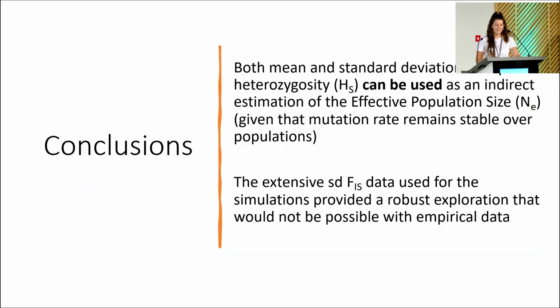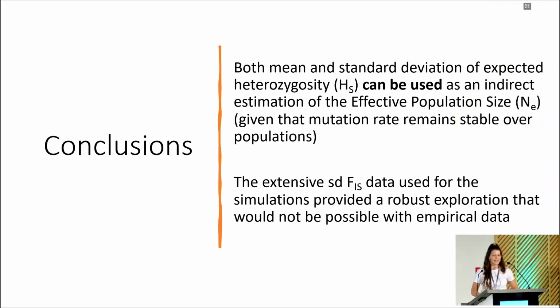So unfortunately, again, we cannot indirectly estimate effective population size using the standard deviation of the inbreeding coefficient. Okay, so it's not that bad because we found something. We found that both mean and standard deviation of expected heterozygosity actually can be used to indirectly estimate NE.